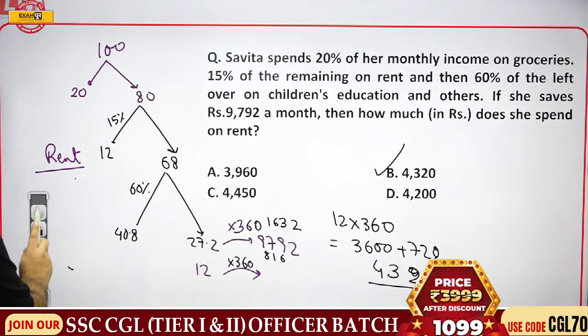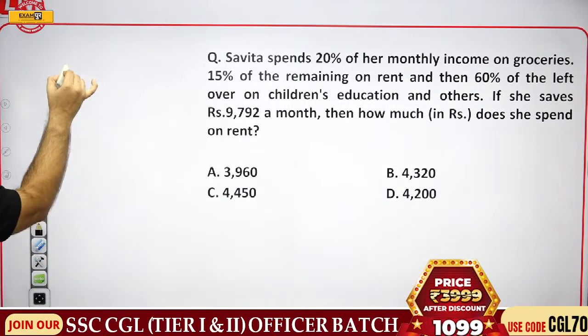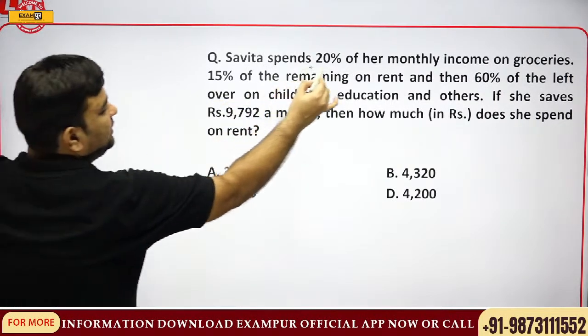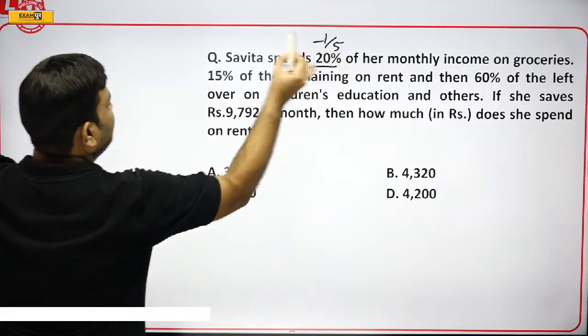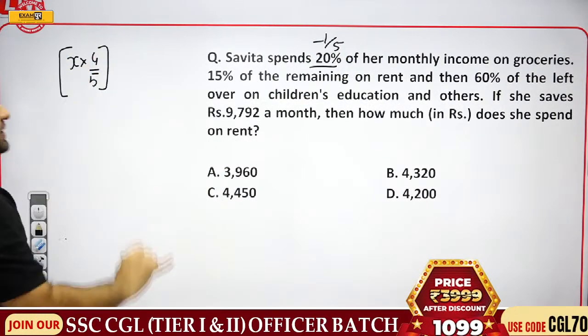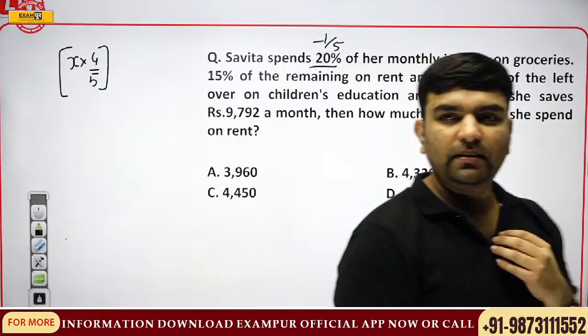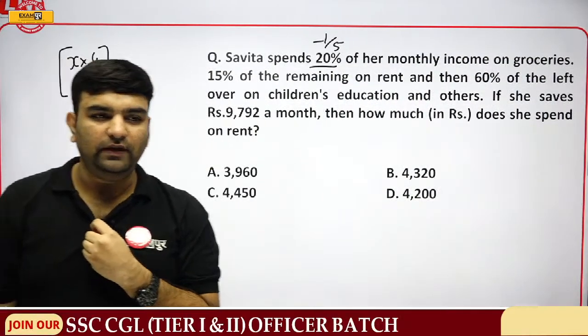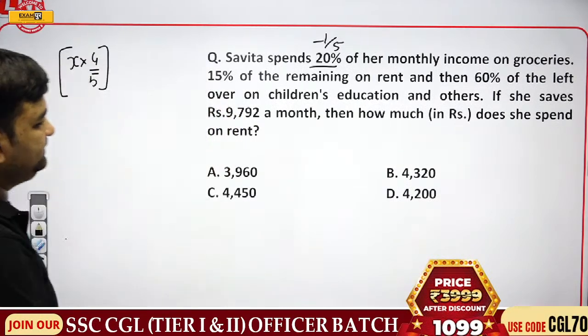Okay, how can we do it successively? Let the total income be X. He spent 20%, which is 1 over 5, so 4 by 5 remaining. Whenever it gives the change over the remaining, we can go for the successive method.